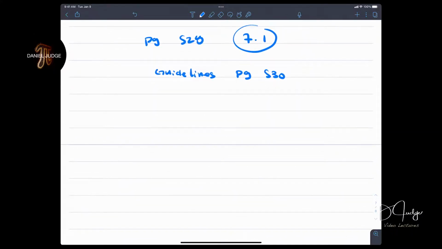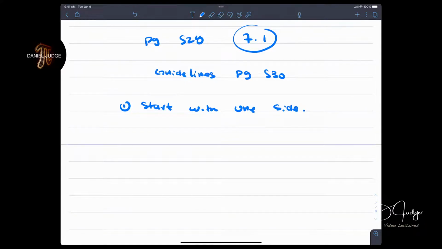Okay, so I'm going to write down some of the guidelines. Here's the first guideline. They say start with one side. So you're always going to start with one side. Pick one side of the equation and write it down.